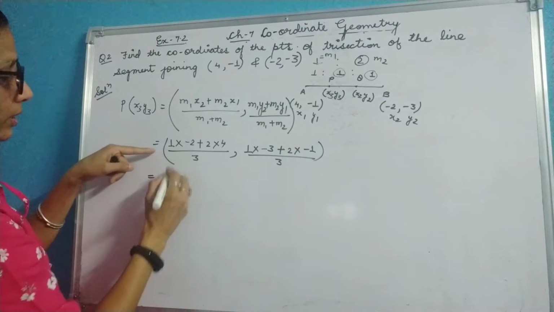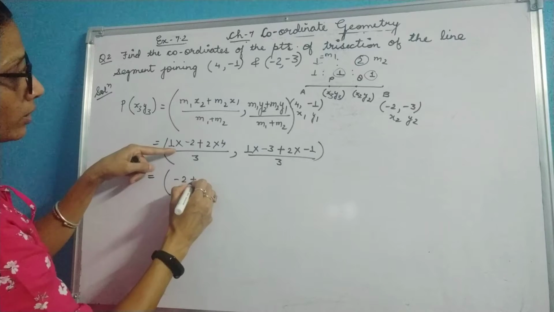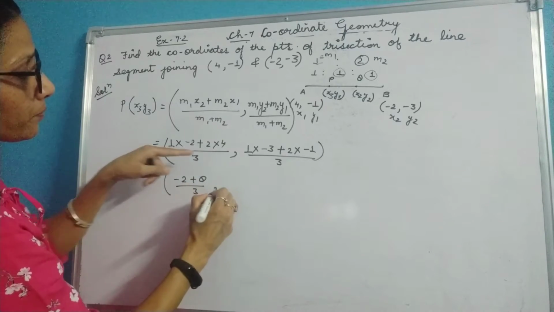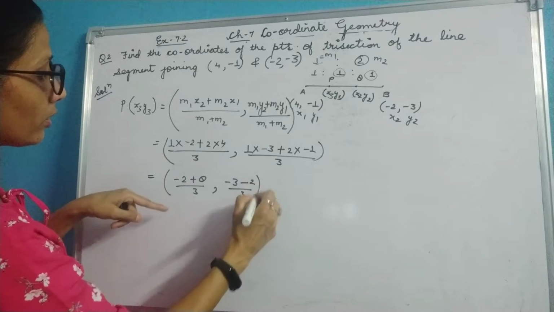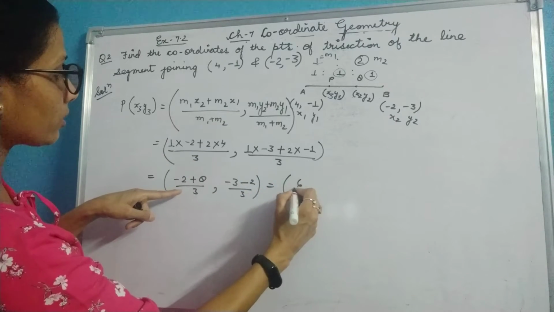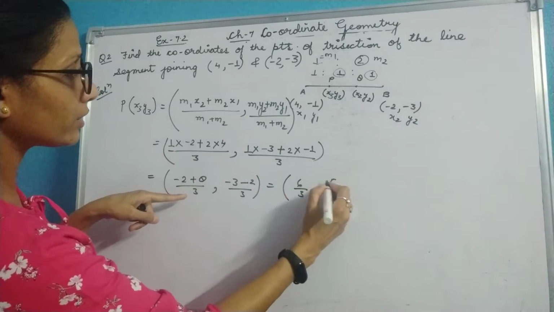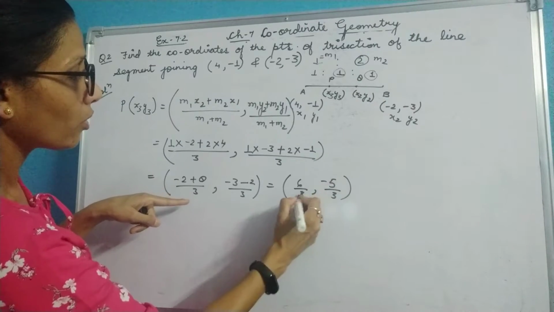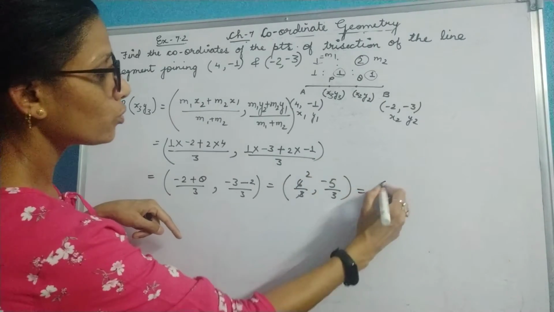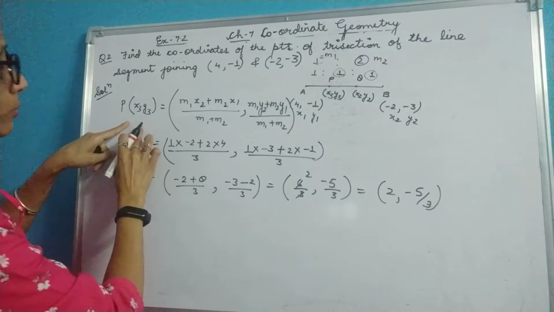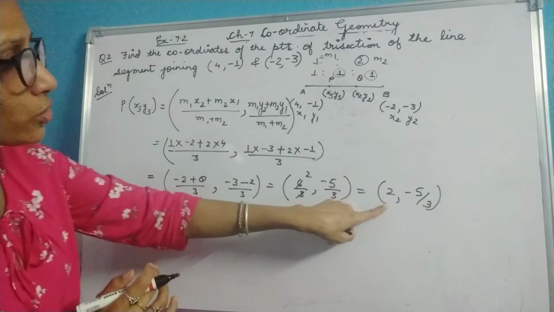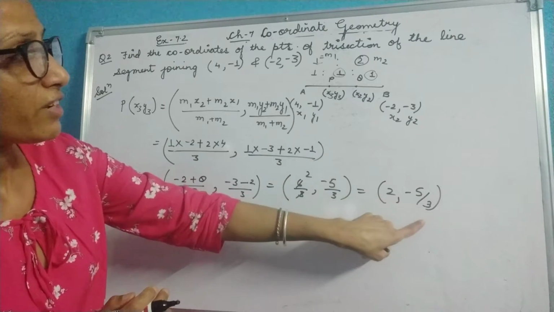So I calculate: -2 plus 8 by 3, and -3 minus 2 by 3, which gives me 6 by 3 and -5 by 3. So your point P, which is x3 y3, is (2, -5/3).